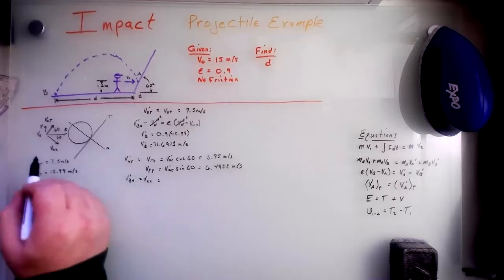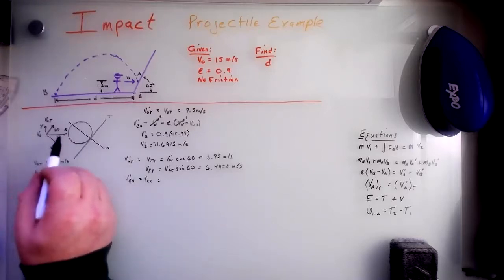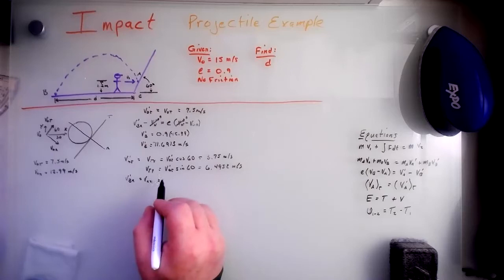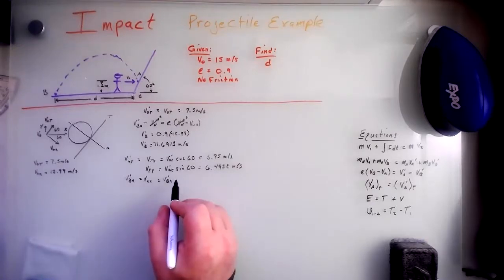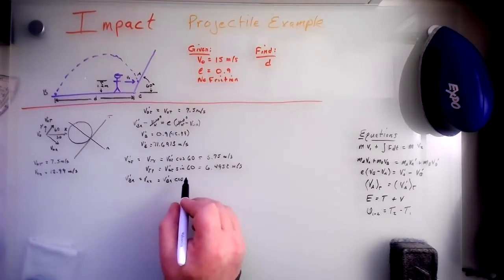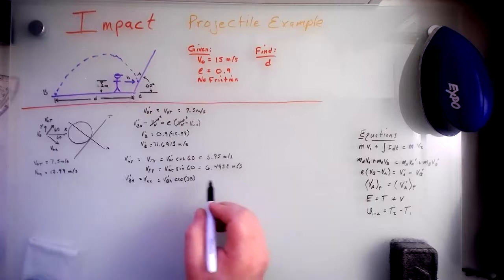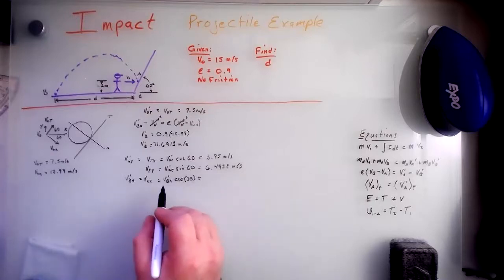So we would say that is cosine 30. So V naught N, or Bnx, or I'm sorry, Bn prime cosine of 30. It's going to equal something.